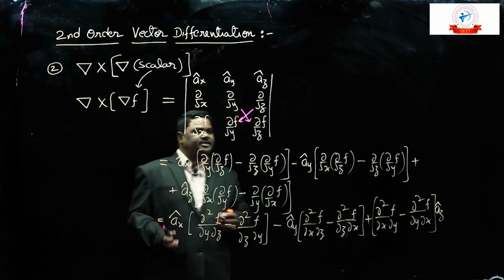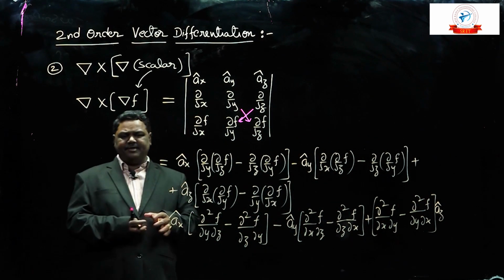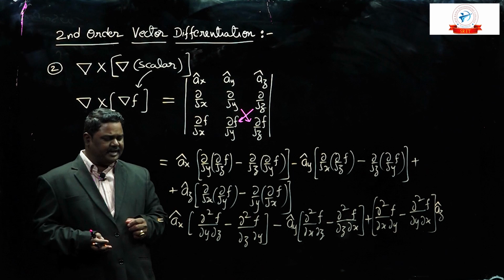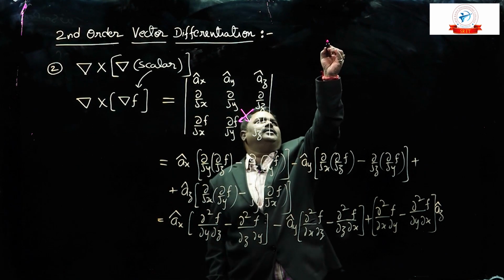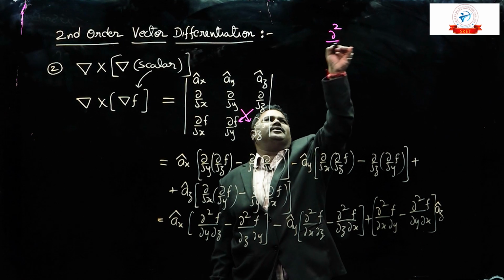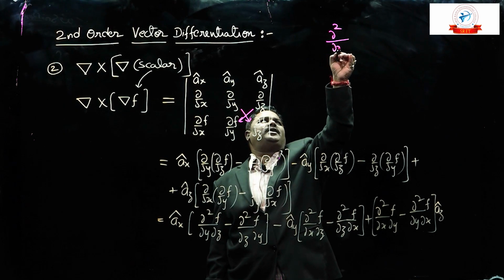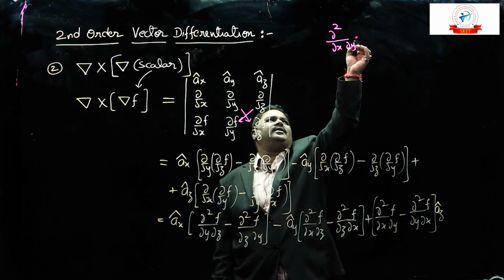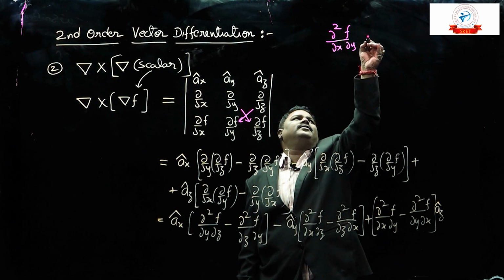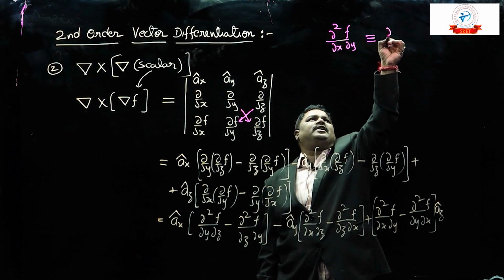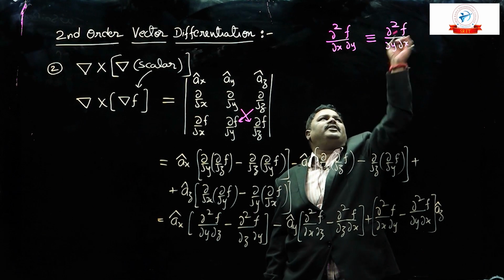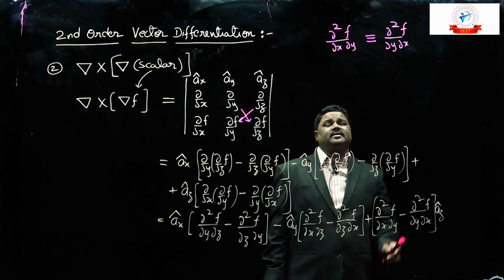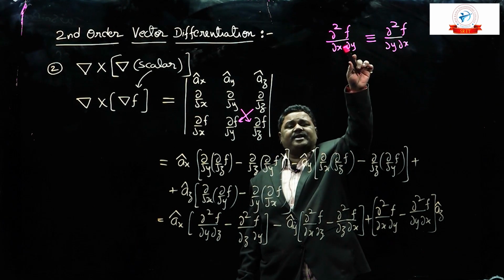Now just observe this equation. Can you tell me, is there any cancellation here? Yes, absolutely. We already know that the second order partial differentiation dou square dou x dou y on any quantity f must be identically equal to dou square dou y dou x of f. That means the order does not matter when we apply partial differentiation.